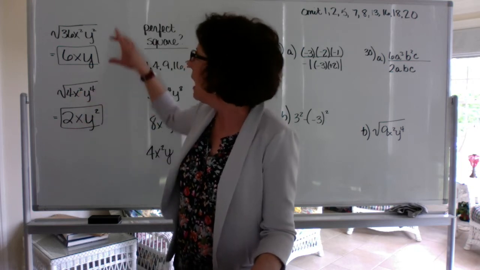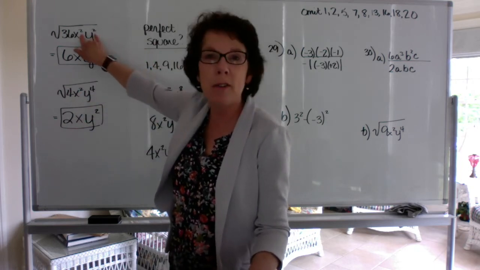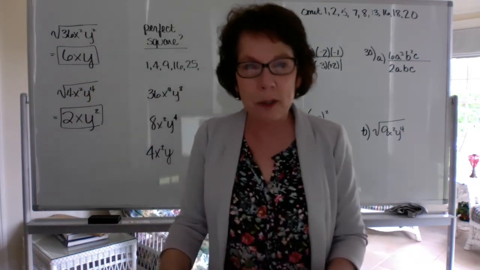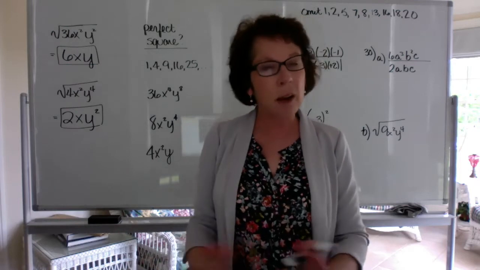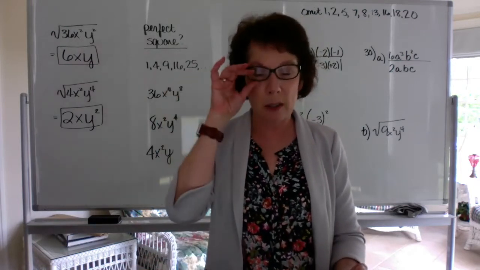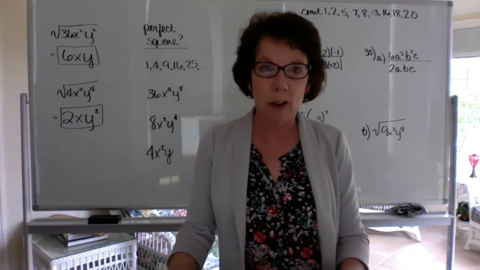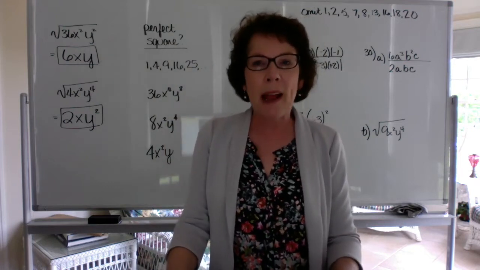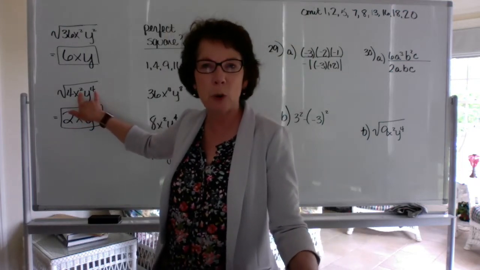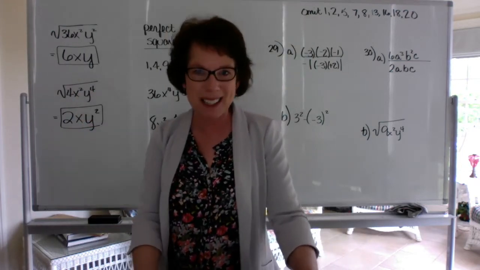And so, if you have even numbers here, you can take the square root of variable terms. Okay, I'm not going to give you one with odds. Don't worry about odds. That's more for when you get to Algebra 1 or Algebra 2. But for right now, if you have even numbers for your exponents, you can take the square root by dividing the exponent by 2.